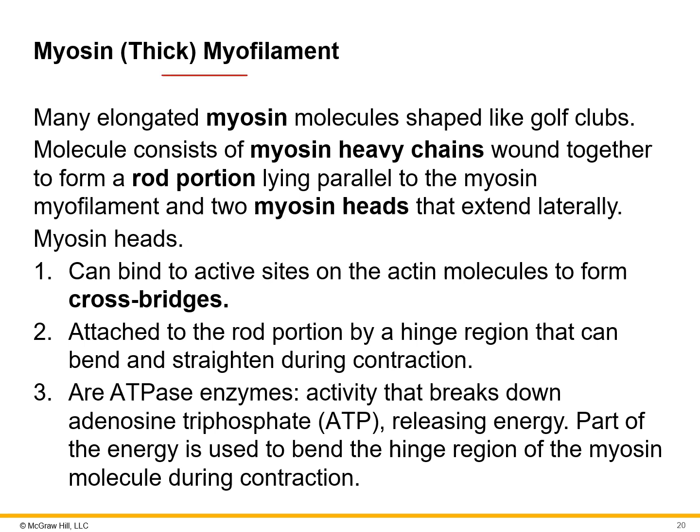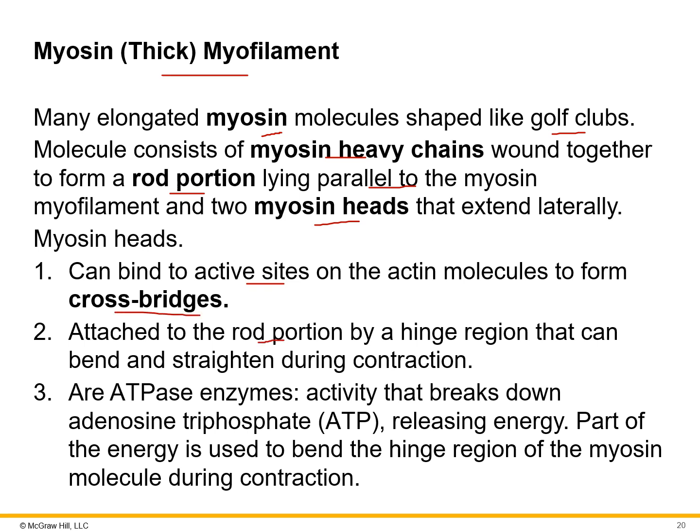Now the myosin, the thicker of the myofilaments. This elongated myosin is shaped kind of like golf clubs. It has the myosin heavy chain that's wound around to form what's referred to as the rod portion, which lies parallel to the myosin myofilaments. And then there are two myosin heads that extend laterally. Those heads have active sites on the actin filaments that form what are called cross bridges.